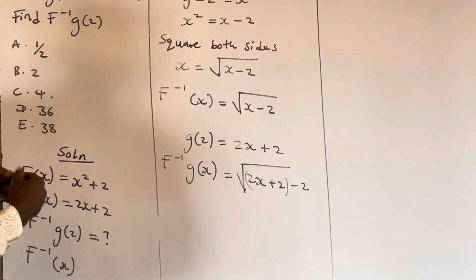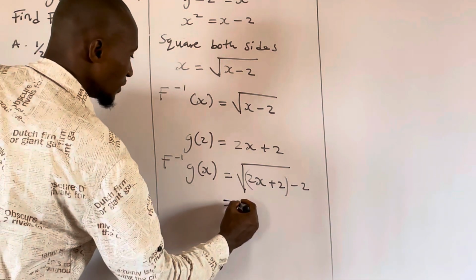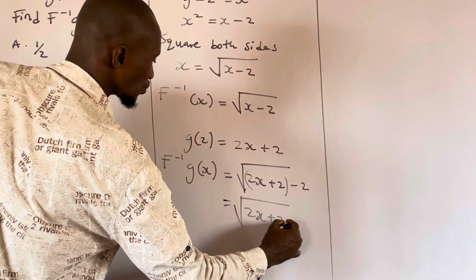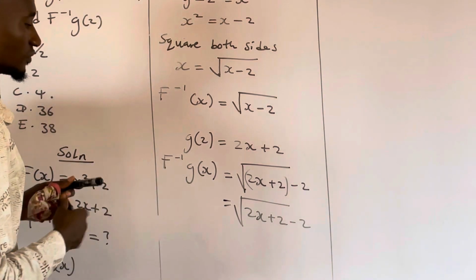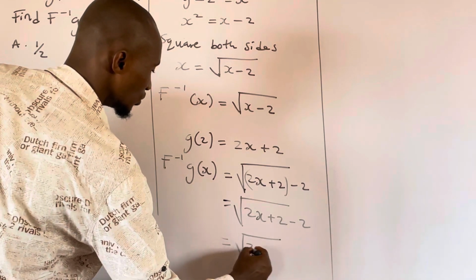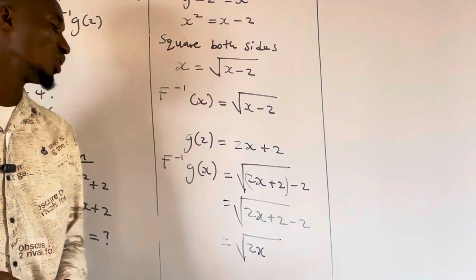Do you get that? Now, if we are to continue from there, this means root of 2x plus 2 minus 2, and this means root 2x, because plus 2 minus 2 will give us what? 0.